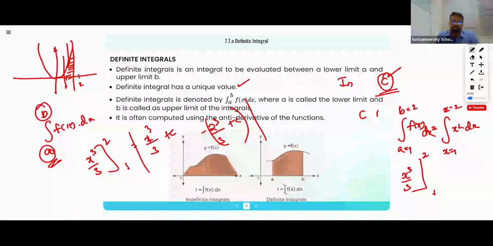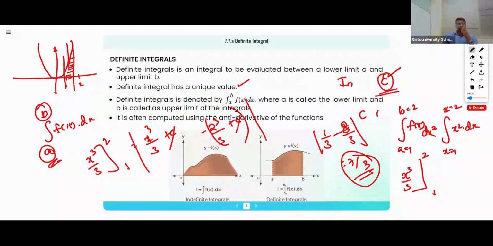We already take the positive value, so c will be cancelled. So we end up with 1 by 3 minus 8 by 3, mod of that, which is simply 7 by 3. This is a definite value. That's why it's called a definite integral.